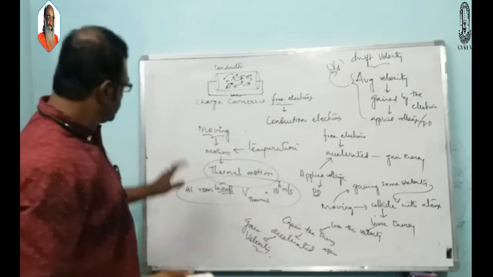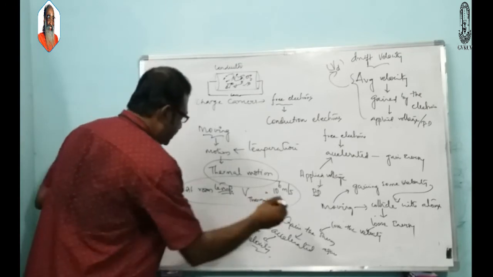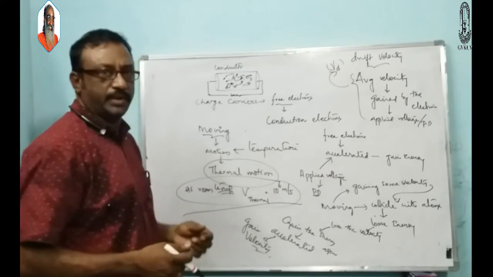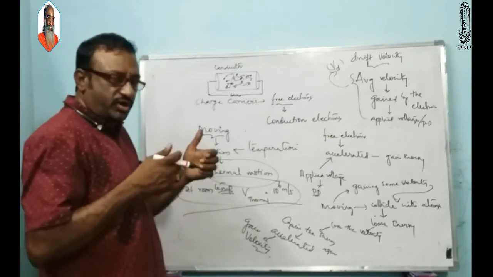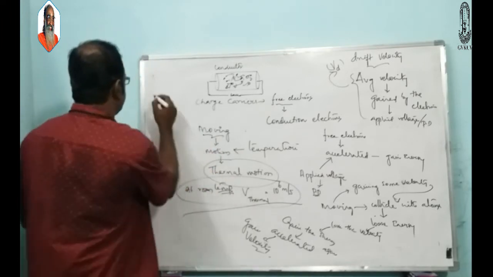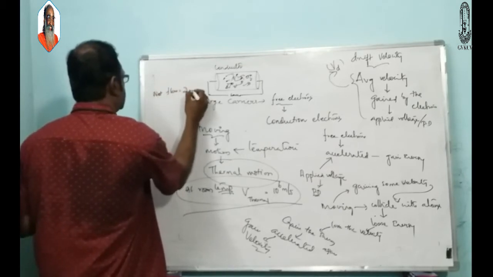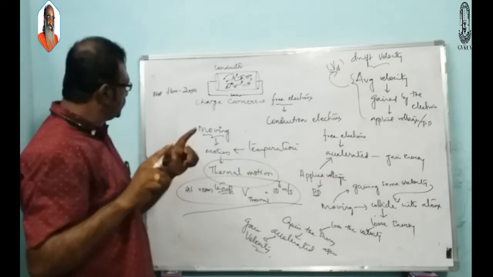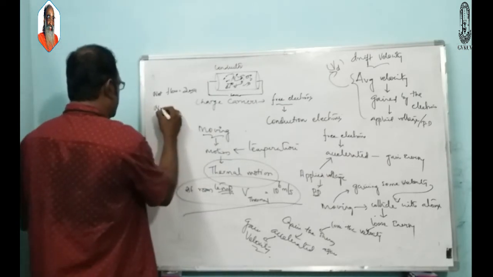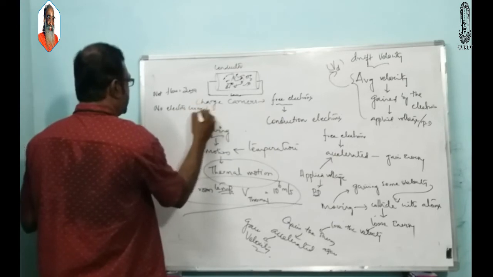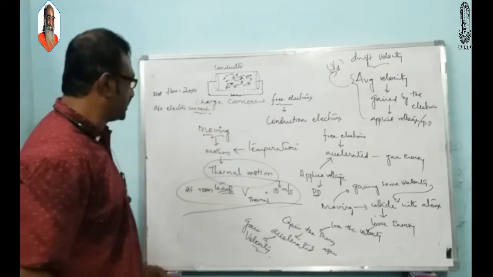Before the potential difference is applied, even though the motion is there, the net flow is zero. We already know about this. Because the net flow is zero, no electric current is there in the conductor.